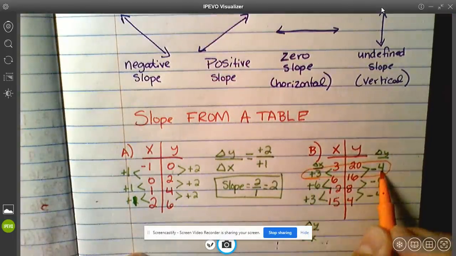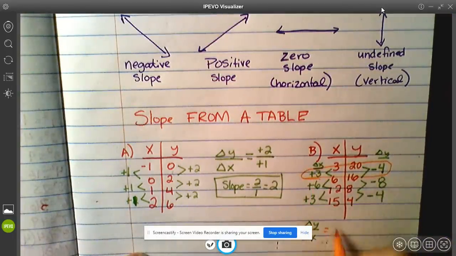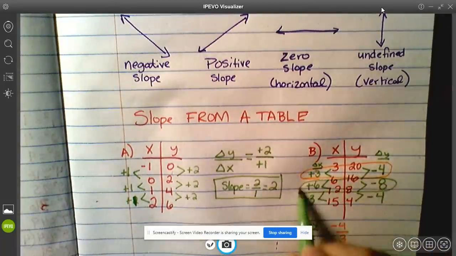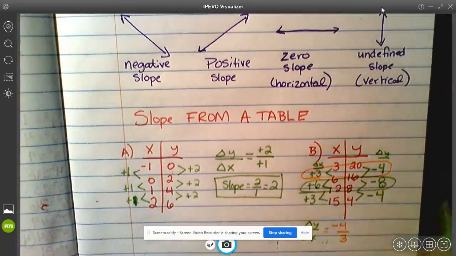I have a change in y of -4 over 3. What if I look at the other one? How about this one? I have a change in y of -8 over 6.